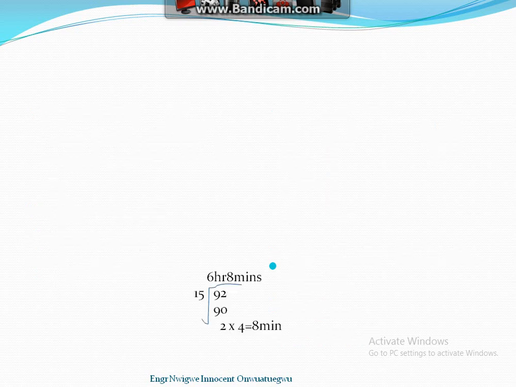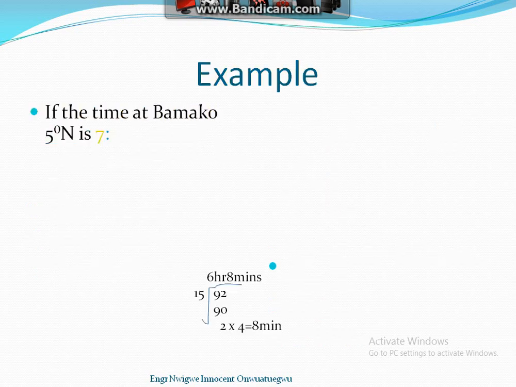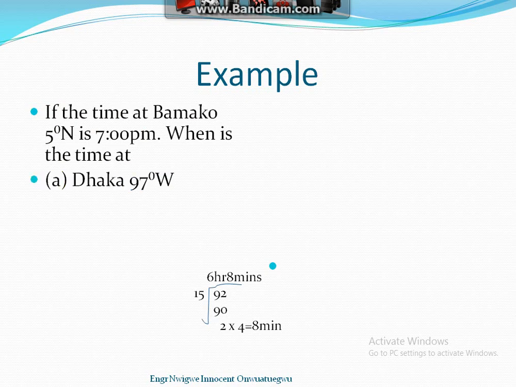Example, if the time in Bamako 5 degrees north is 7 p.m., what is the time at A. Dakar 97 degrees west, B. Bamako 123 degrees west? Solution.